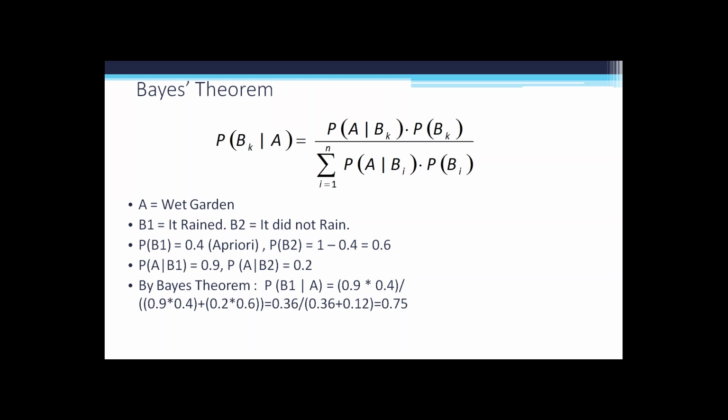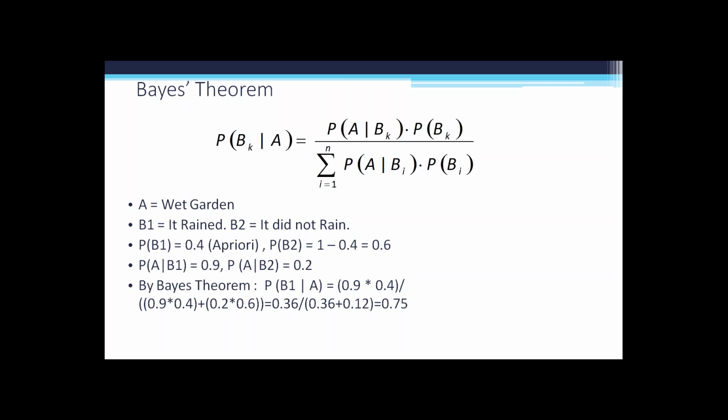You know, normally 40% times it rains, 60% it does not rain. But if it has rained, then wet floor is caused 90% of the time, P(A given B1). 20% of the time, if it does not rain, then also it is wet floor. Given that now that you observed a wet floor, what's the probability that it has rained? It is 75% by going by this formula.